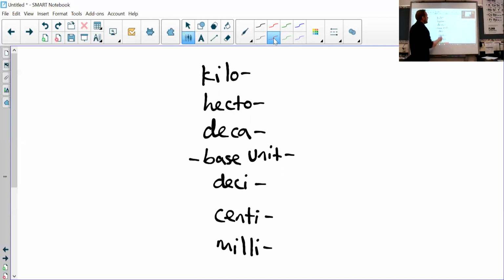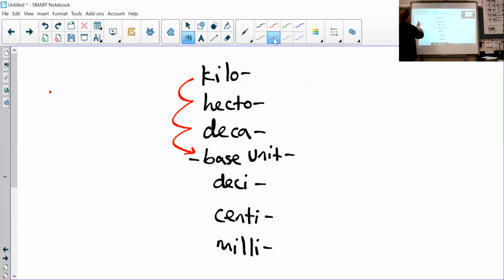But if you did want to convert, let's say, kilo down to the base unit, you count how many steps we take. 1, 2, 3 steps. It's 3 steps smaller to get to base unit. Or in other words, the base unit being smaller, we'll end up with a large number of them.